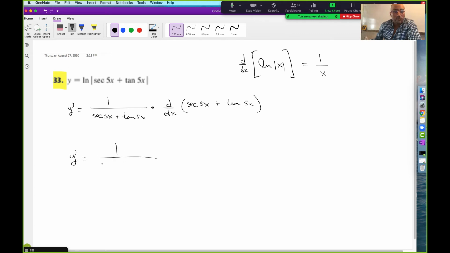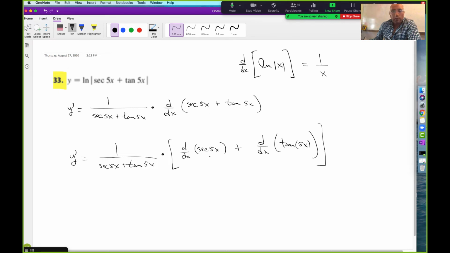This is going to be equal to secant 5x plus tangent 5x times, okay, so we know we can distribute these derivatives. So this is going to be the derivative with respect to x of secant 5x plus the derivative with respect to x of tangent 5x. Good, so we take the derivative of each one separately.